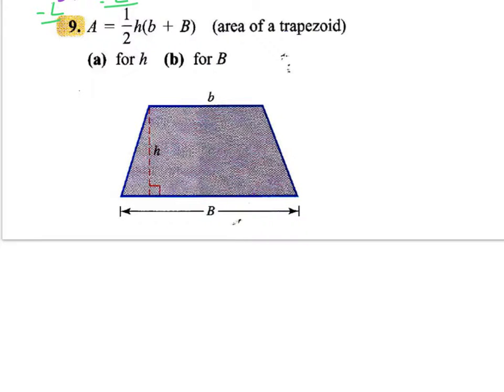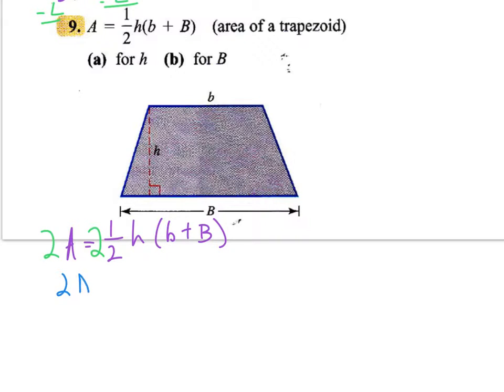Alright, so I mentioned again that we do not want to have fractions or decimals in numerators or denominators. So first thing we want to do here is multiply both sides of this equation by 2. If you divide by half, you end up with a fraction in the denominator, which again is not proper to do.